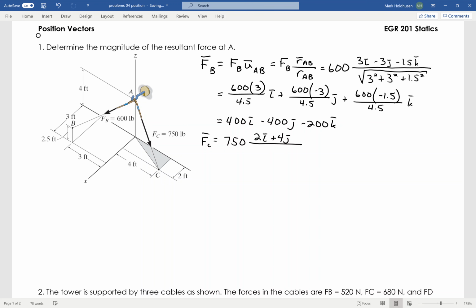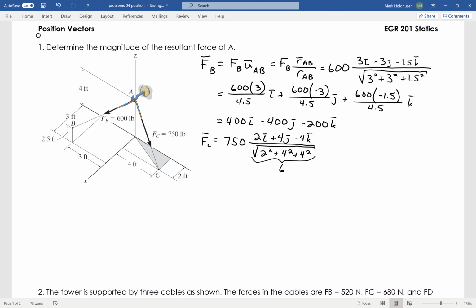And in the z direction, I start at 4 and go back down to 0, so that's negative 4. Take that times the magnitude, the square root of 2 squared plus 4 squared plus 4 squared. This, you'll have to trust me, goes to 6.